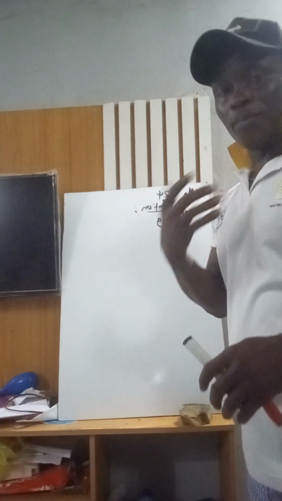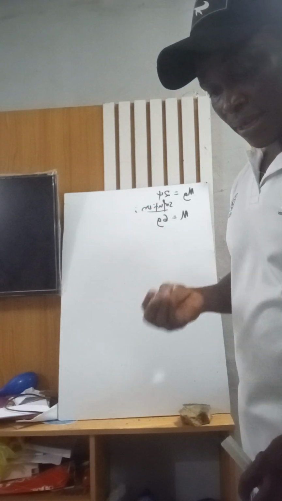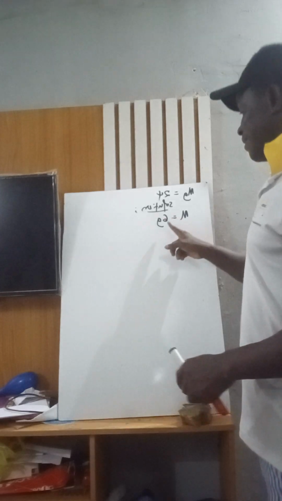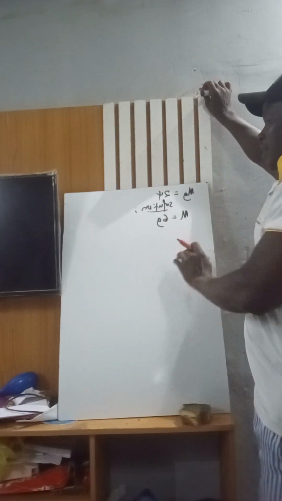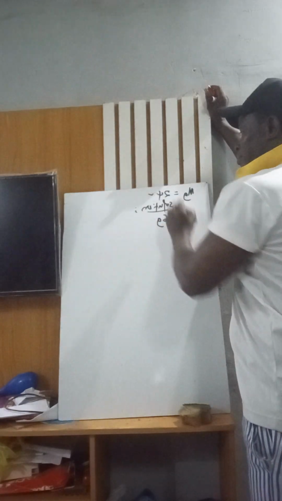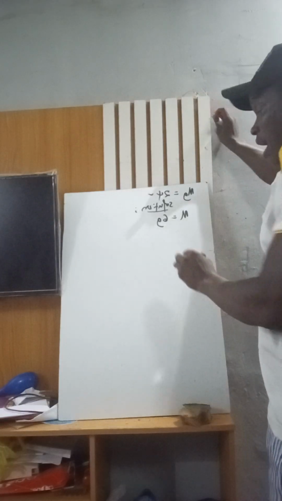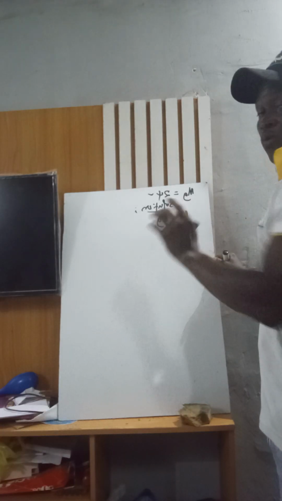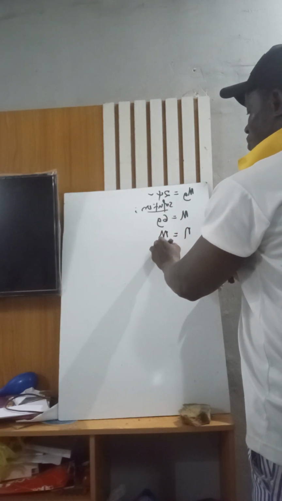What's the number of moles? How many moles are there in 6 grams of magnesium? Very simple. Mass is 6 grams, and you are given the relative atomic mass of magnesium as 24. So how do we solve this question? Equation 1 says number of moles is mass over molar mass.